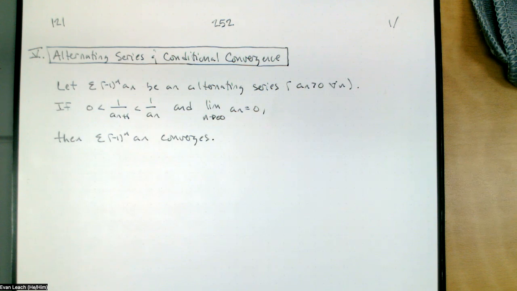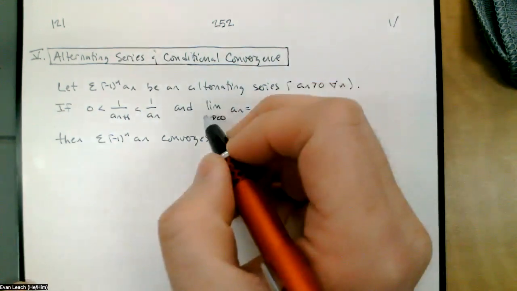That will necessarily zero in on the limit of the sequence of partial sums, thus zeroing in on the sum of the series. So the limit as n goes to infinity of a_n equals 0. That's a necessary condition. If we have alternating and decreasing, then we get convergence.